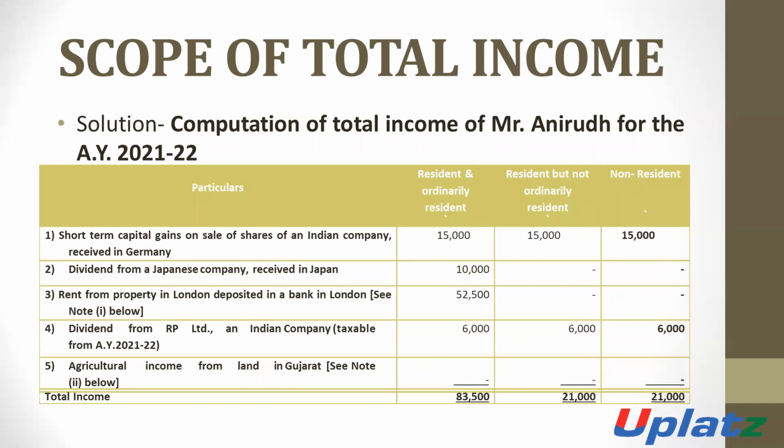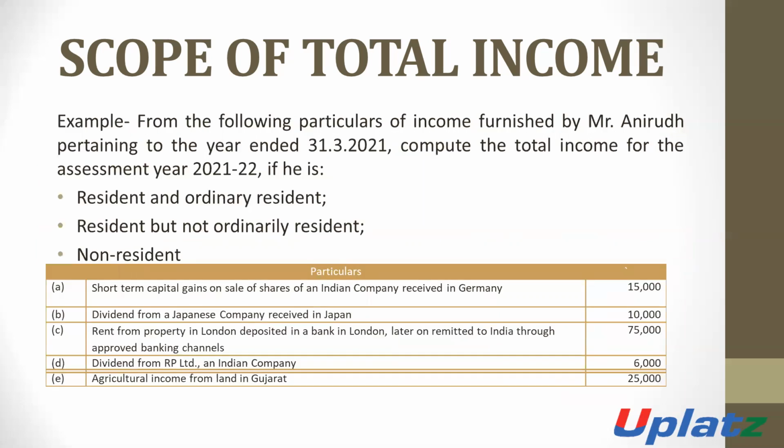Whether he is a resident and ordinary resident, not ordinary resident, or a non-resident, it will be taxable in India because such income accrues and arises in India, though it is received outside India.